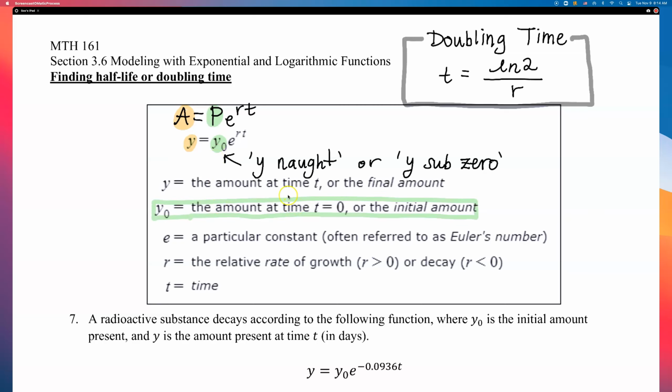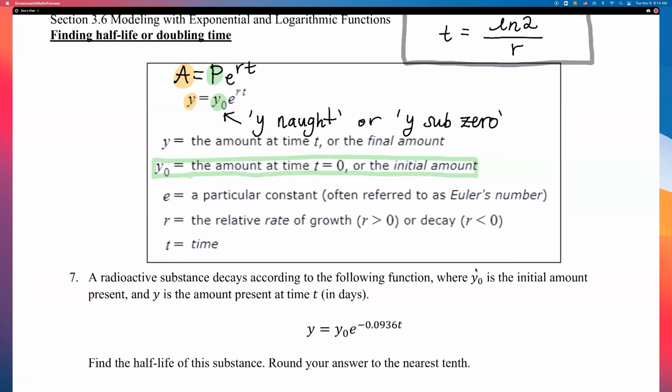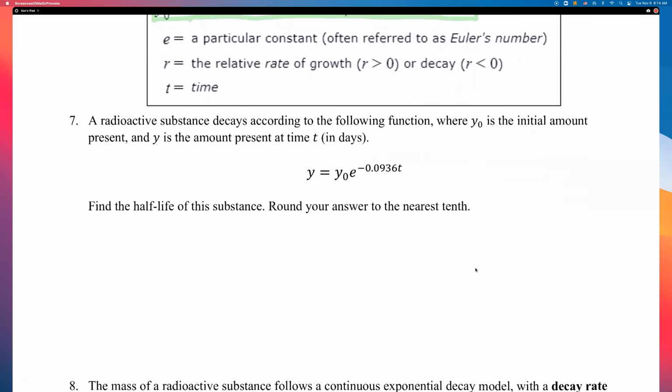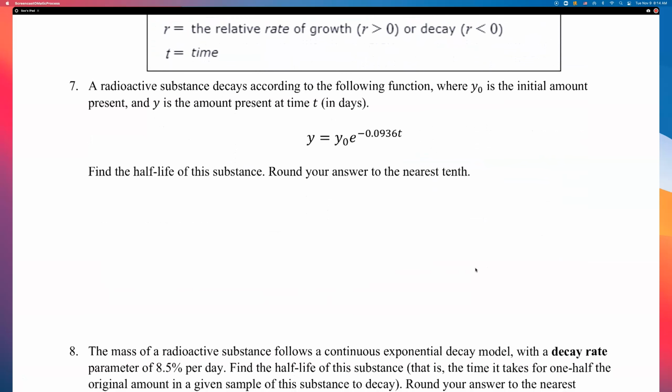Now take a look. When r is bigger than 0, when r is positive, we're looking at a growth function. When the rate is negative, we're looking at a decay function. So let's take a look. A radioactive substance decays according to the following function, where y sub 0 is the initial amount present and y is the amount present at time t, in days. Because they said this is a decay function, take a look at that rate.